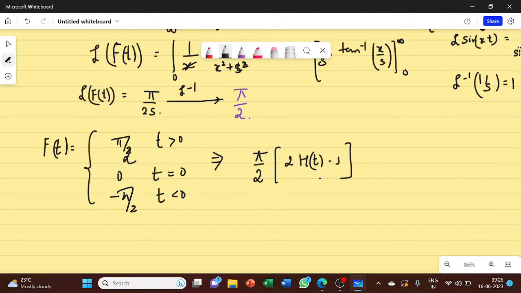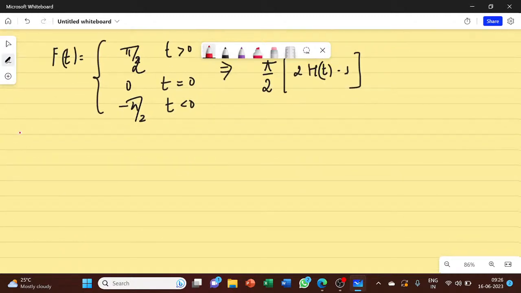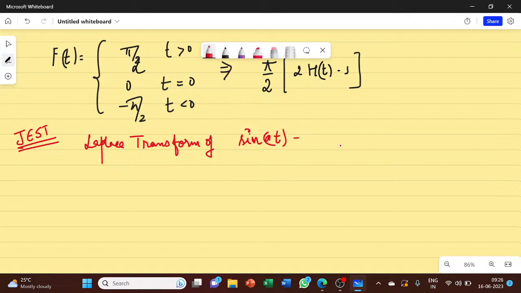So now let us do a question from JEST exam, and again it is an easy question. Find me the Laplace transform of (sin at minus a t cos at) divided by 2 times a cube.